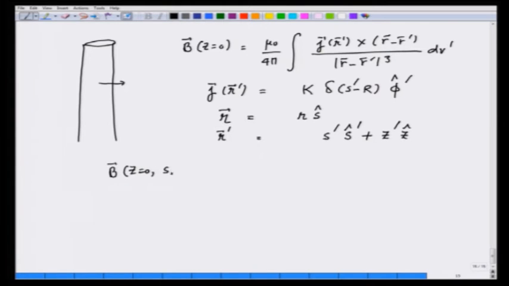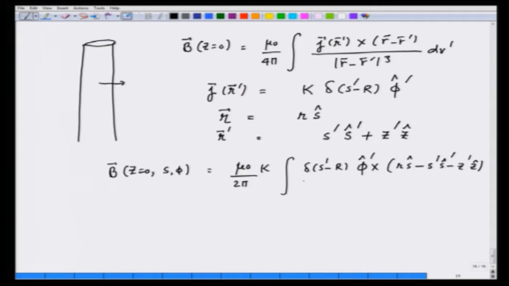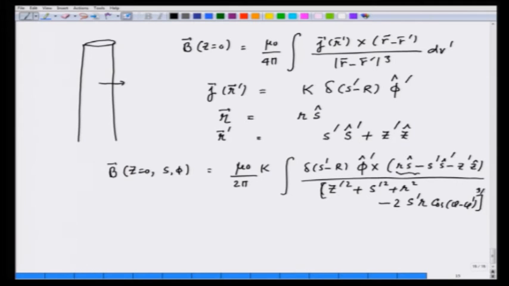and some s and phi is equal to mu 0 over 2 pi, k comes out, integral delta of s prime minus R, phi prime unit vector cross r, which is r s unit vector minus s prime unit vector minus z prime z unit vector, divided by, now the distance is going to be z prime square plus the distance between r s unit vector and s prime unit vector, which is s prime square plus r square minus 2 s prime r cosine of phi minus phi prime, raised to 3 by 2.